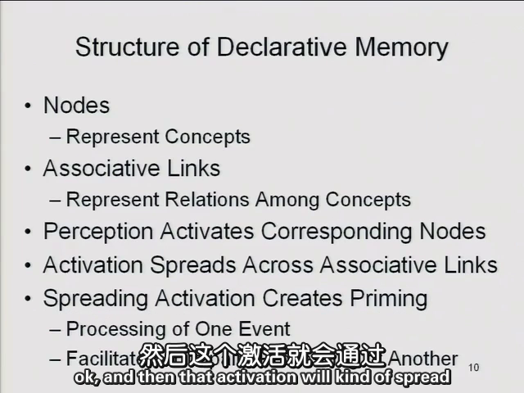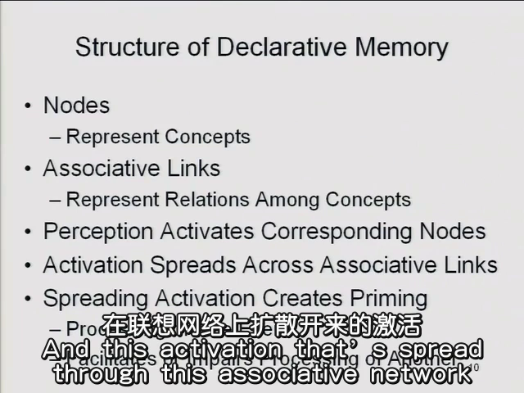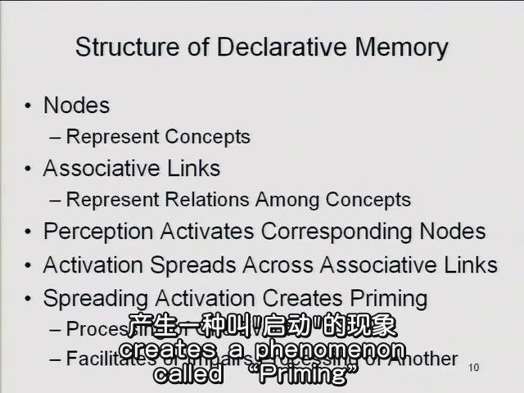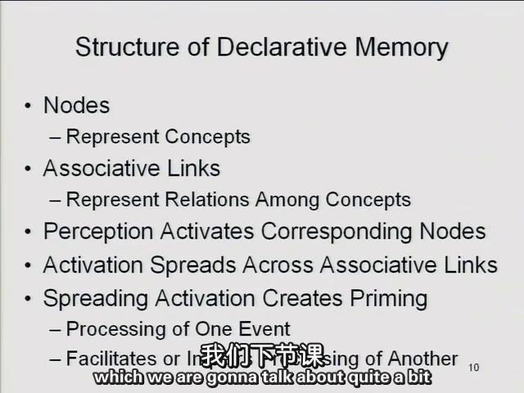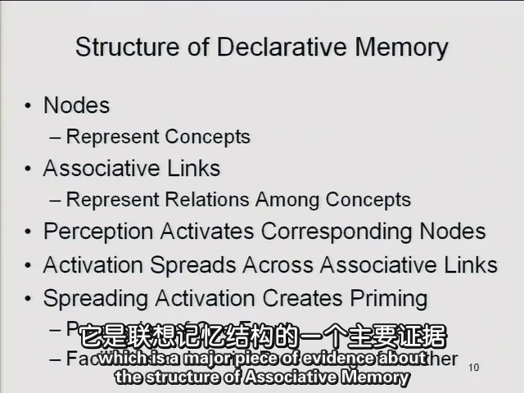And then that activation will spread across associative links to activate related concepts. And this activation that spreads through the associative network creates a phenomenon called priming, which we're going to talk about quite a bit in this class next time we meet, which is a major piece of evidence about the structure of associative memory.